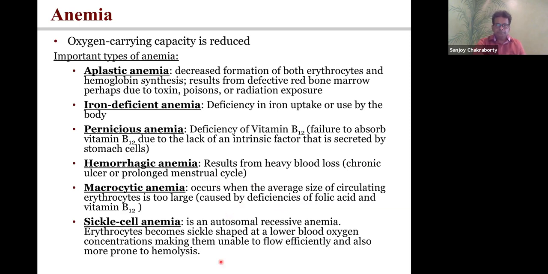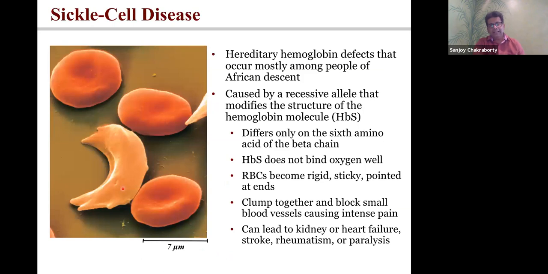And finally, there is a genetic-level disease called sickle cell anemia. The shape of the red blood cell becomes like a sickle when the oxygen concentration decreases, and obviously they cannot carry enough oxygen to the tissue. That is caused by defective production of the beta chain.